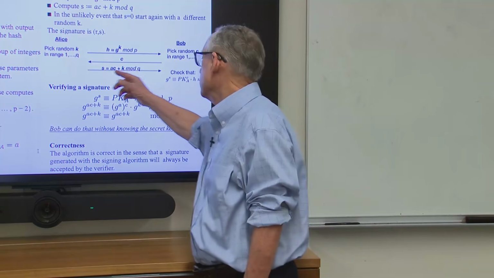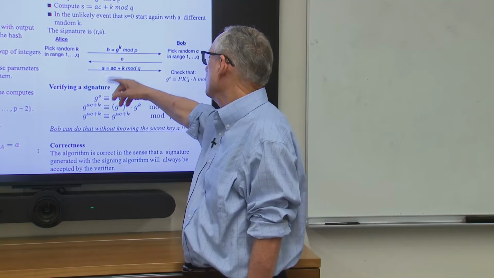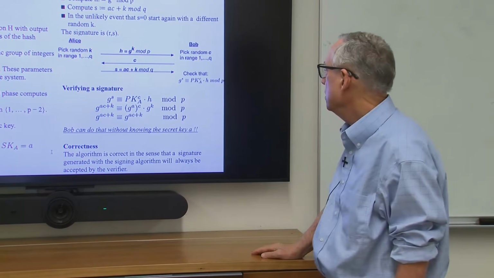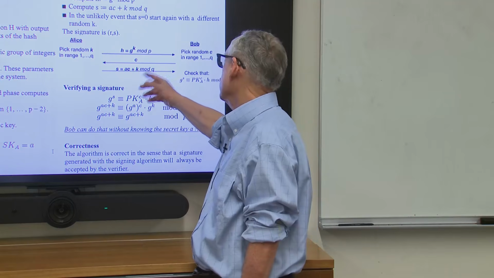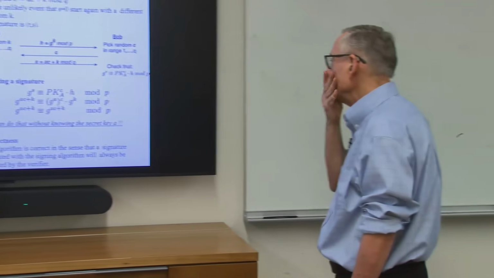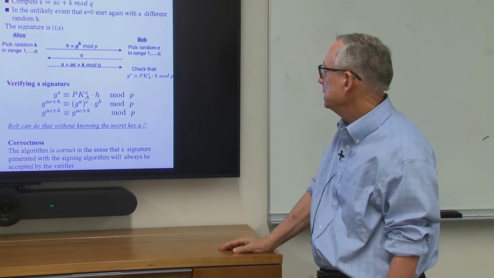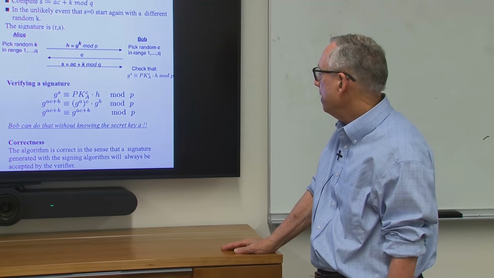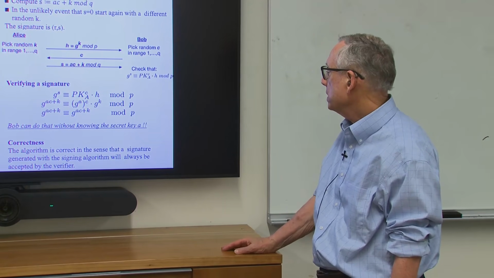So then Alice takes C that she just got from Bob, pre-multiplies by A, which is her private key, adds K to it, and takes the modulus Q, and sends that to Bob. So if all these steps are followed in this way, Bob can verify the signature as follows.